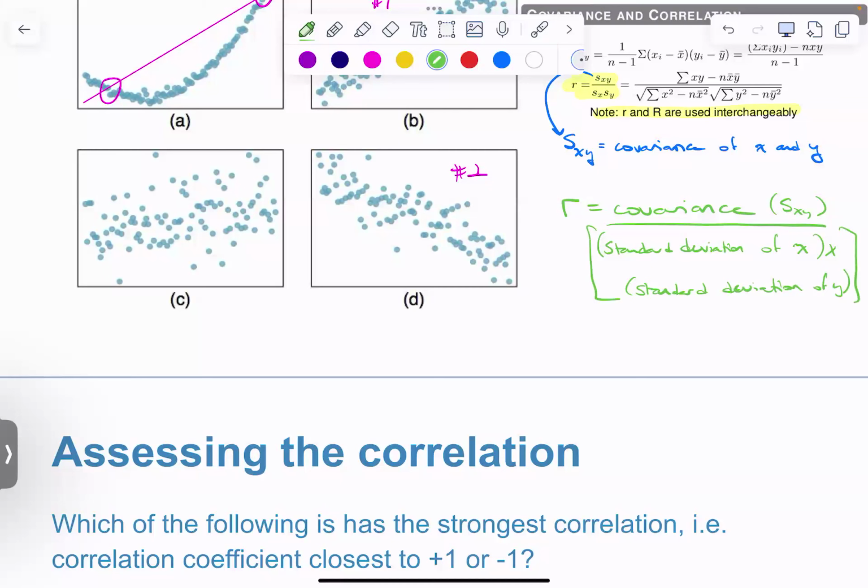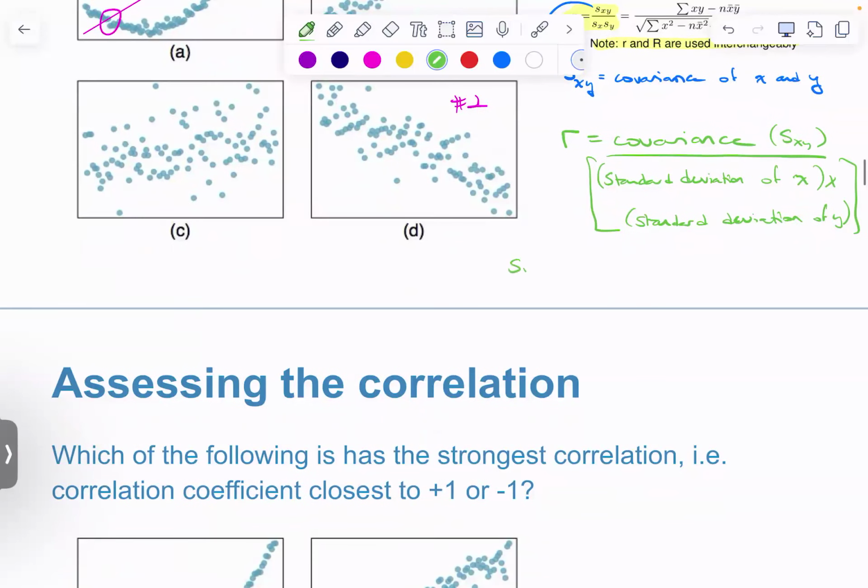Keep that all in the denominator. So S subscript x is the standard deviation of x, and S subscript y is the standard deviation of y.